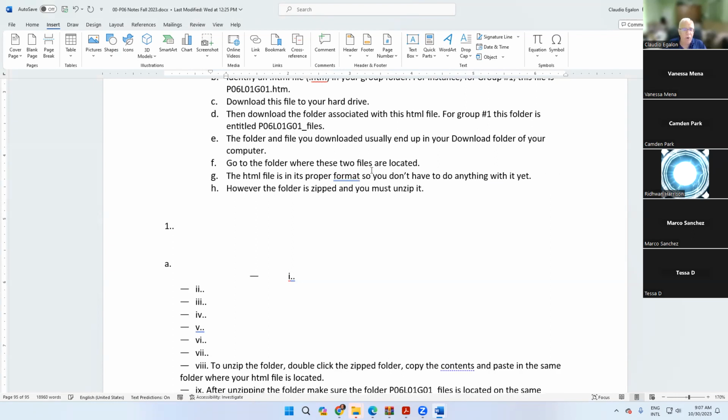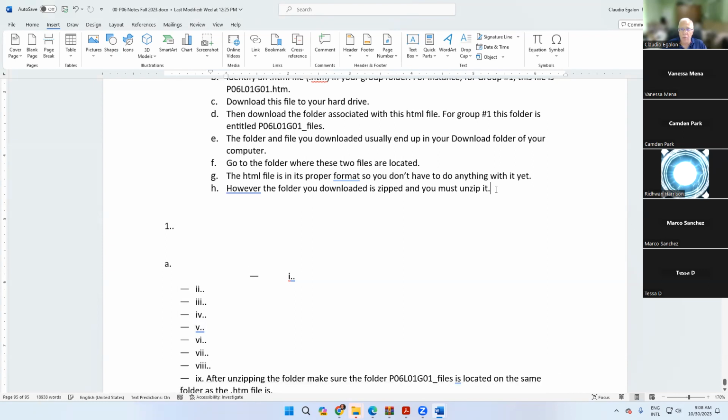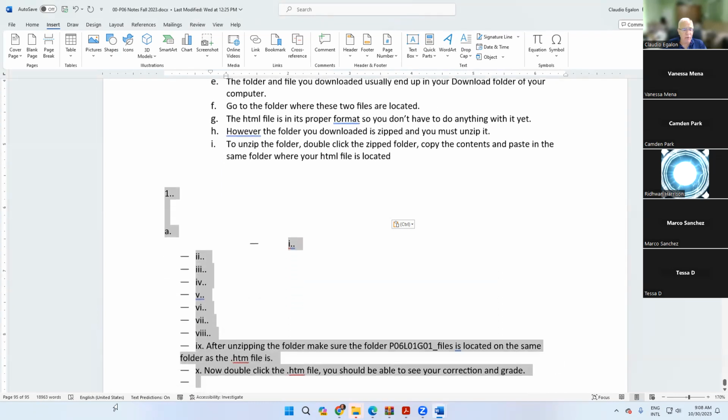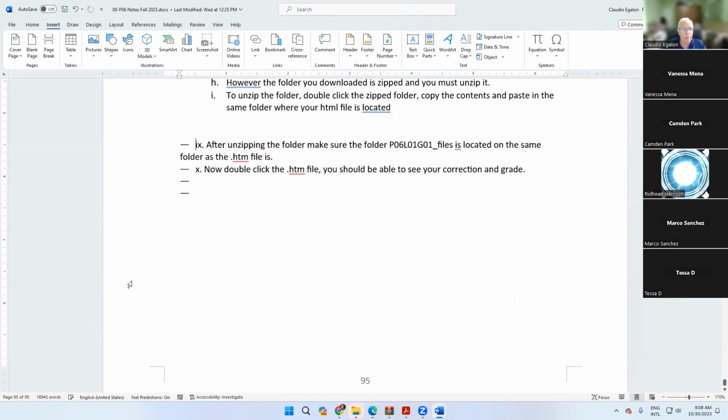However, the folder you downloaded is zipped, and you must unzip it. Okay, so here you go. To unzip the folder, double-click the zipped folder, copy the contents, and paste in the same folder where your HTML file is located. I'm going to do that.